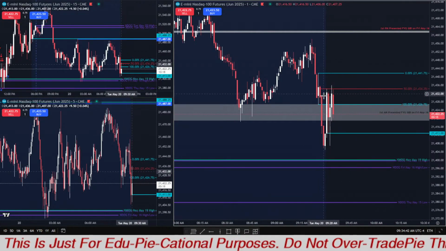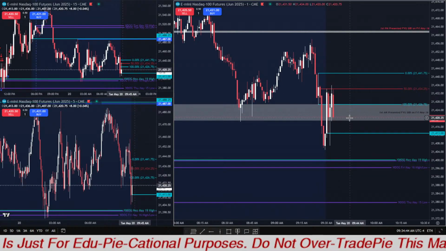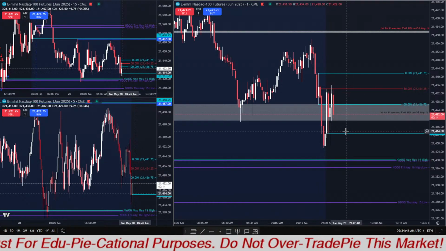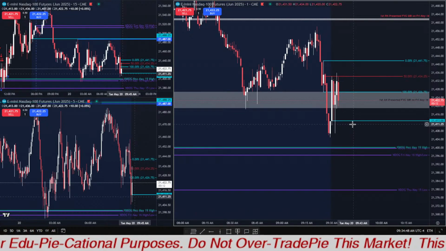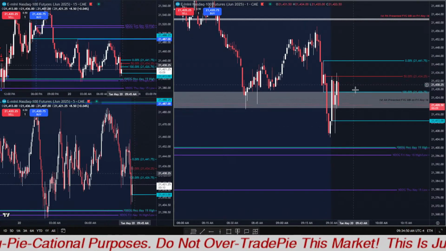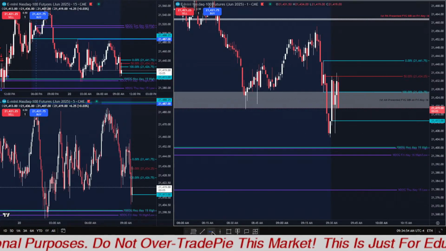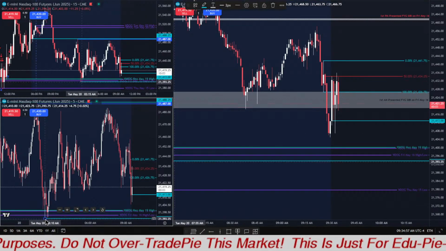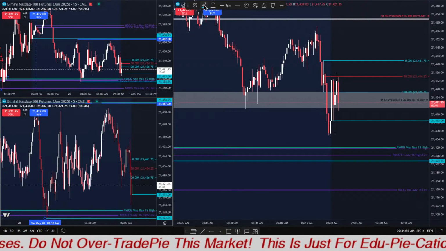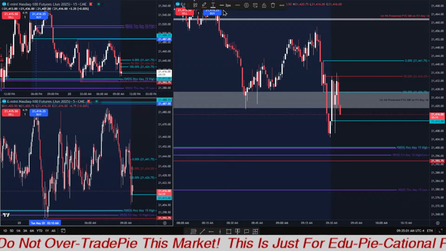Now so far the market is respecting the lower half of this range, and this is nice. This can send the price lower to reach this swing low over here. Let me highlight this as our sell side liquidity.